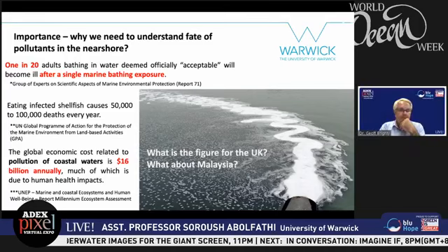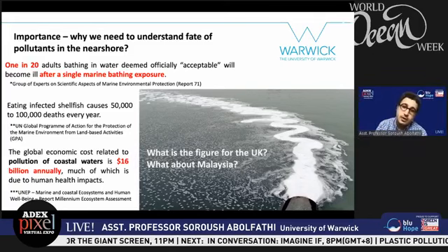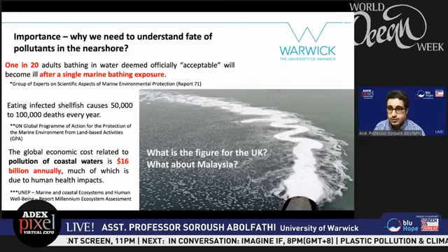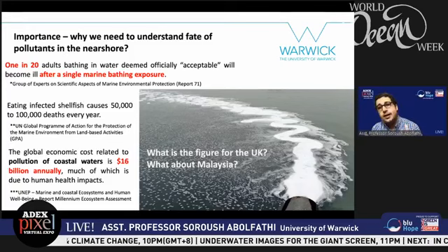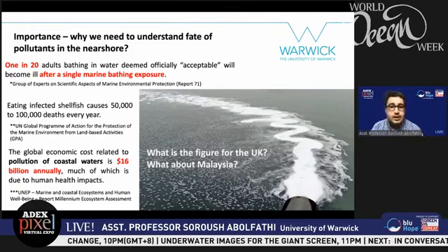So we're not talking about a kind of affordable cost of keeping our water polluted forever. So with that said, I think this just highlights how important it is to understand pollution transport, and then by understanding the pollution transport, having a proper water quality management scheme in the governance.